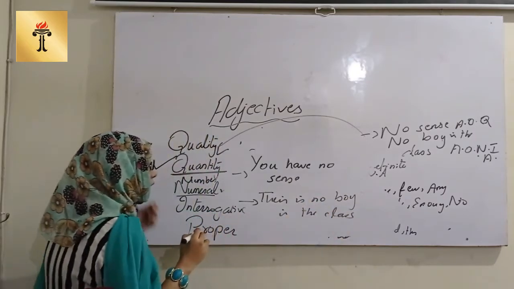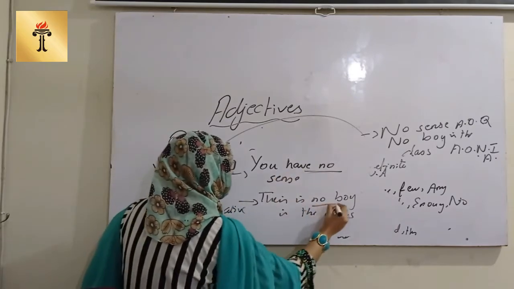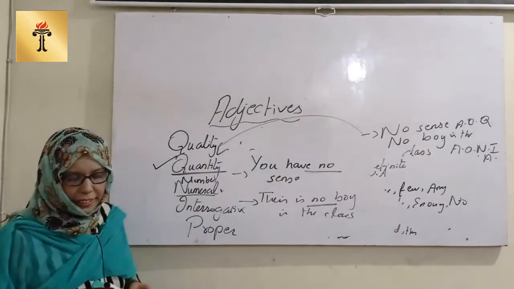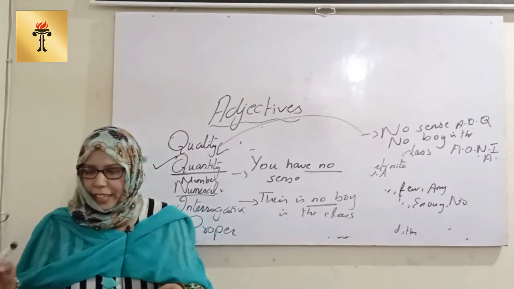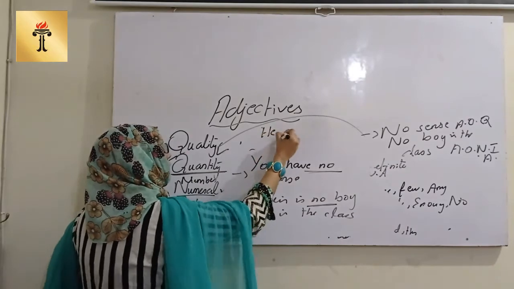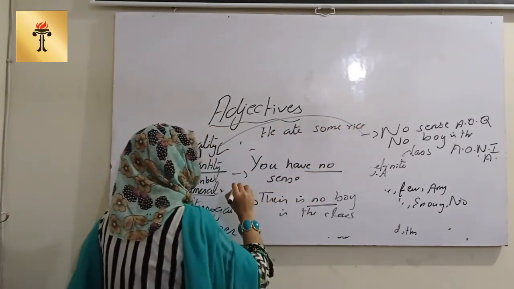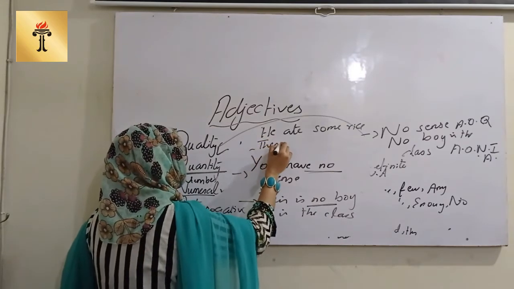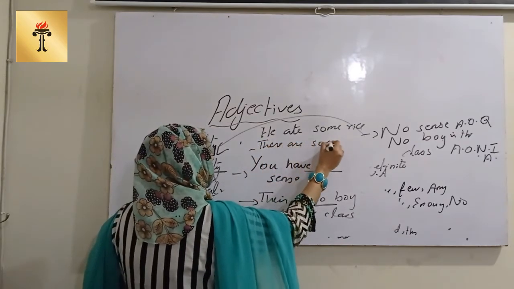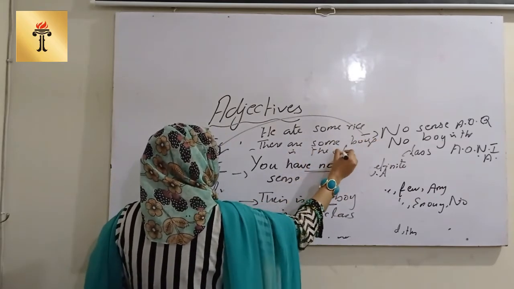Now classify what this no deals with in this sentence and what this no deals with in this sentence. The next sentence is: he ate some rice. There are some boys in the class.